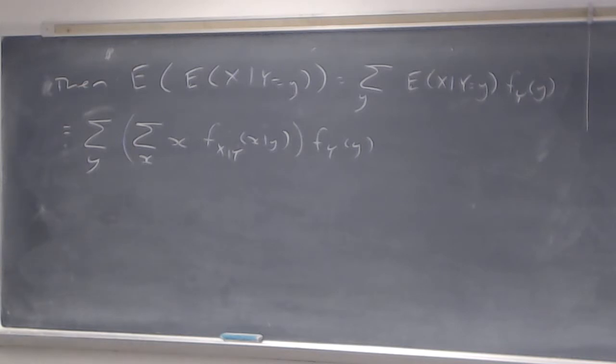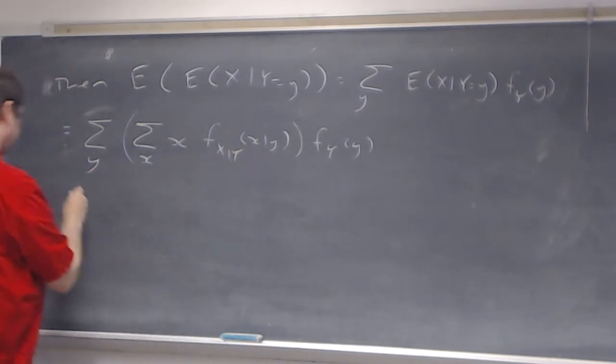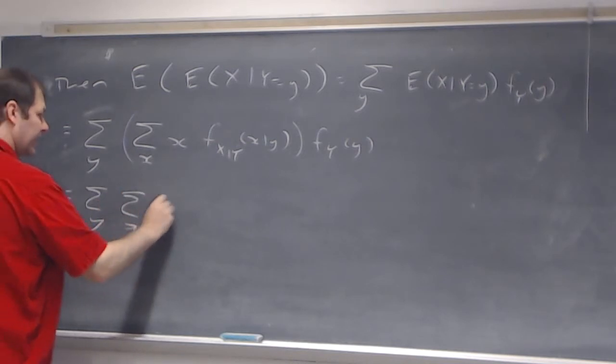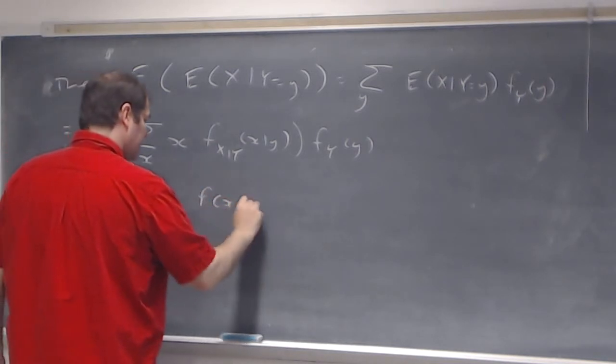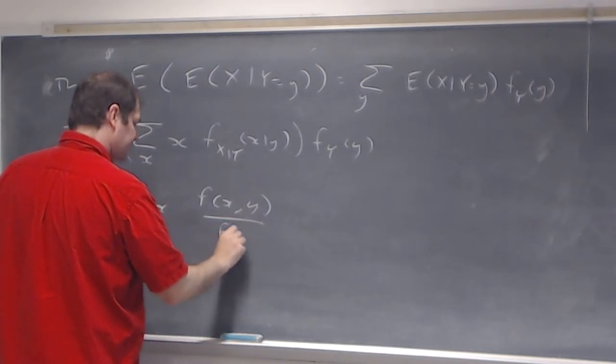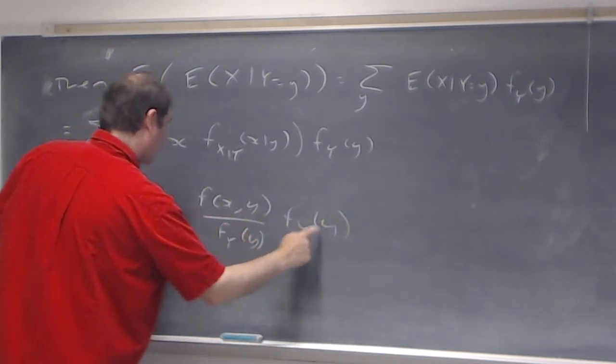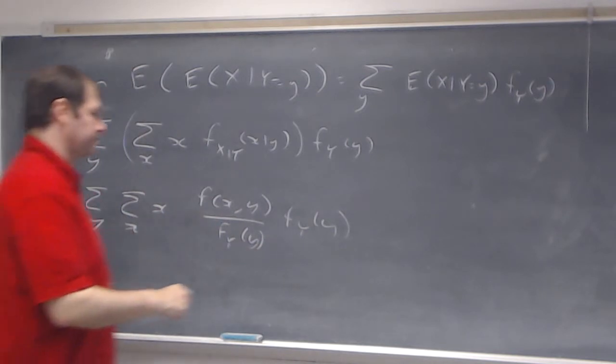Okay, and so when we replace this by what it's equal to, sum over x of f of x comma y, f sub y of y, and here we have f sub y of y. And these two quantities will cancel with each other.